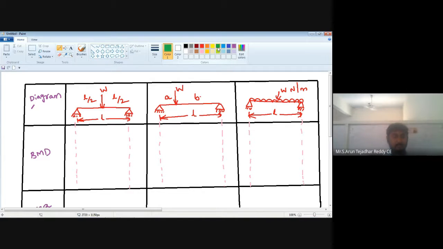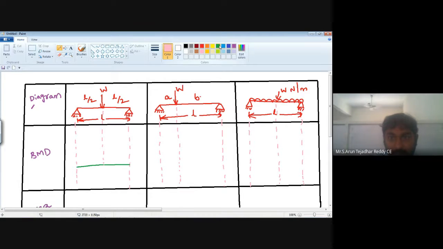Green color. Now here it is the beam. The load is acting at the center of the span. Here also, and here the load is acting at some distance. Here it is a uniformly distributed load, but it is a symmetrical structure, and if you convert it into a point load, then it is also acting at the middle of the span.